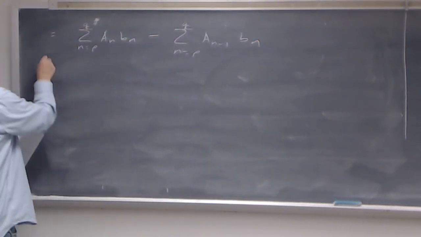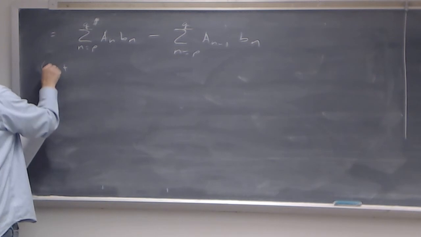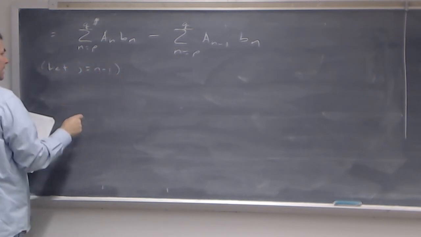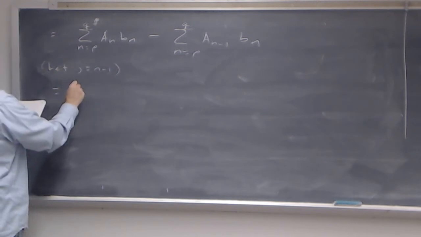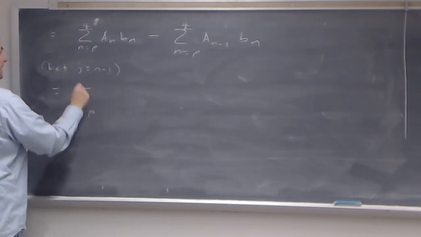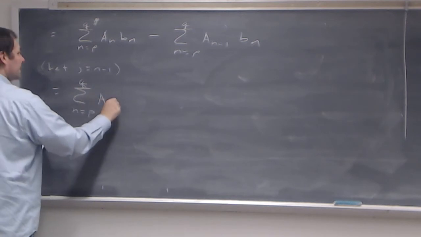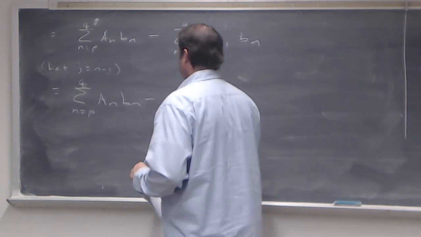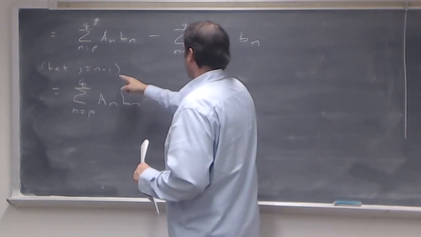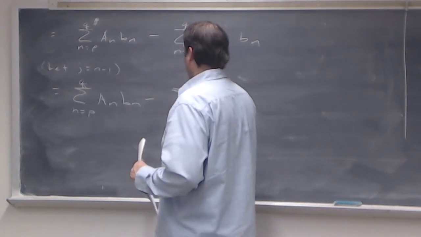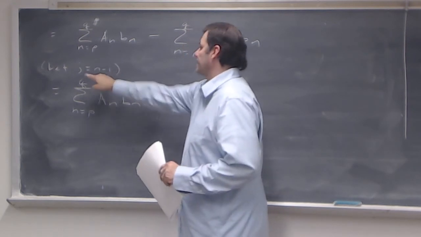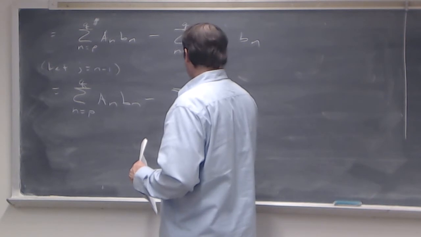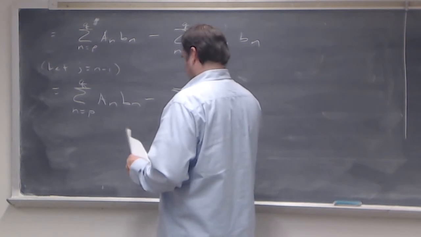Now, if we let j be equal to n minus 1, we'd say this is equal to the sum as n runs from p to q of A sub n, b sub n, minus the sum where now j is going to be n minus 1, so n is j plus 1, and the j's would run from p minus 1.